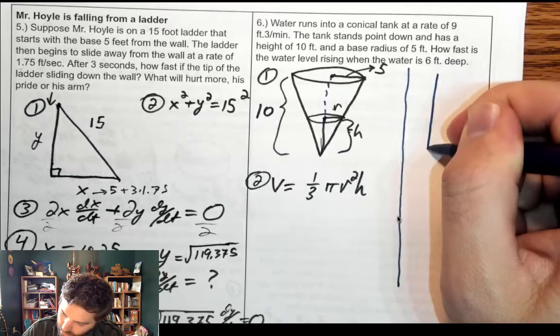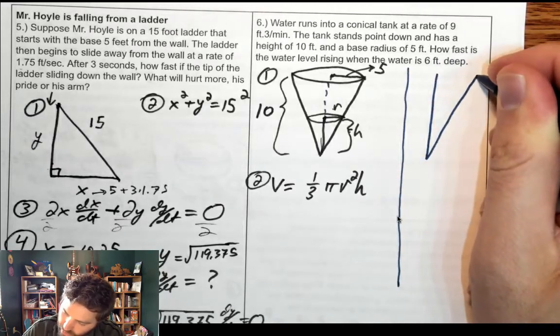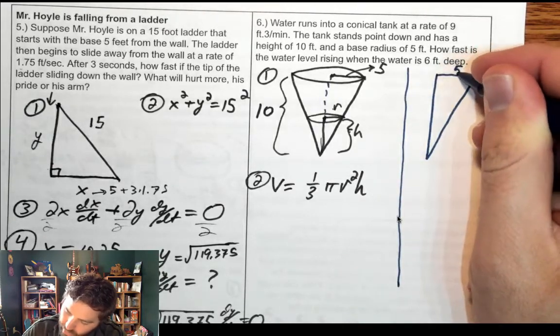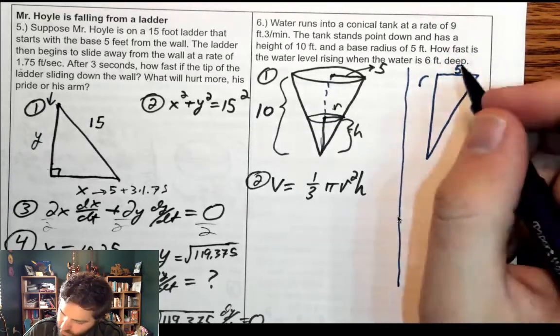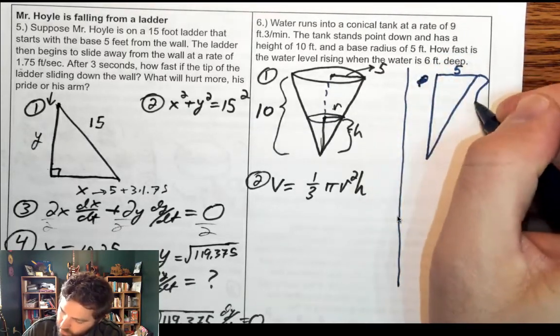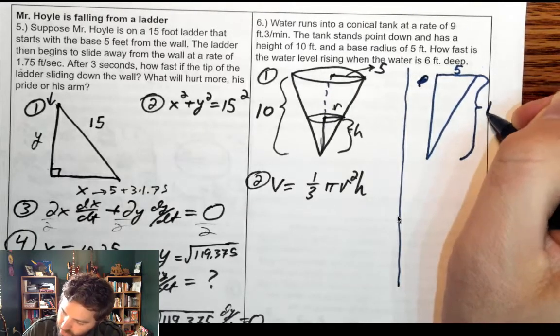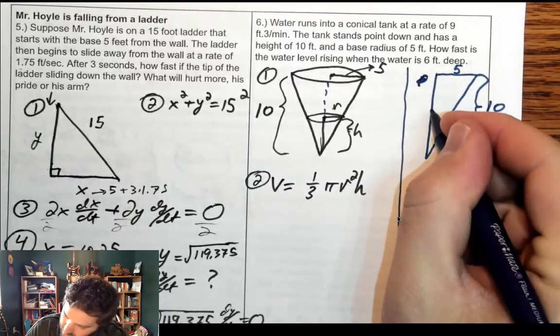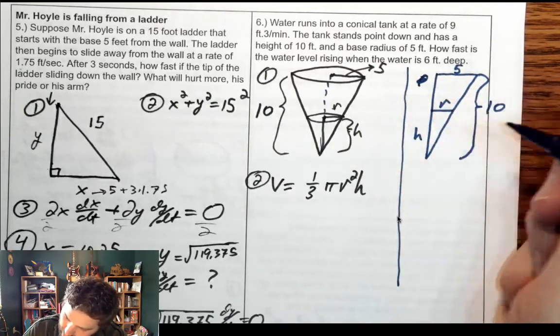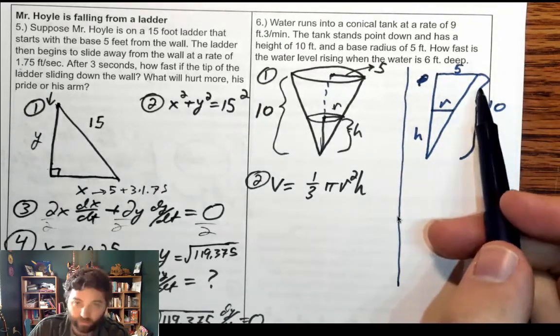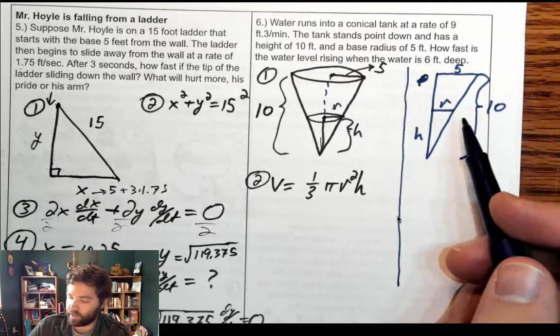So this is the tank triangle. I know that this is 5 and this is 10. Actually, I'm going to label it here. So the height here is 10. And then here is the triangle in the water, so that's R, and this distance here is H. And so I can set up a relationship between the sides of the triangle.